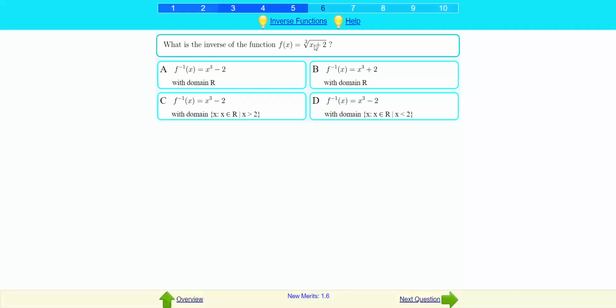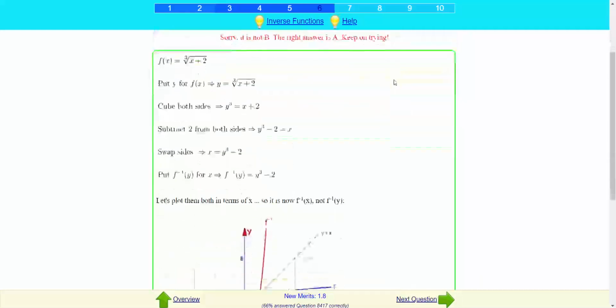So why is this not to the power of 3? This is what's really confusing me. Why is the 2 not included? It's x to the power of n, right? What's going on? Let's just choose any random number.